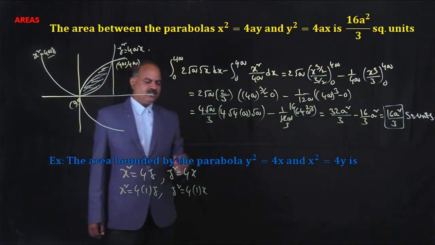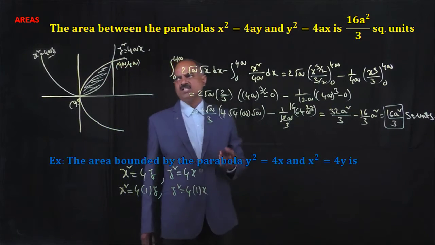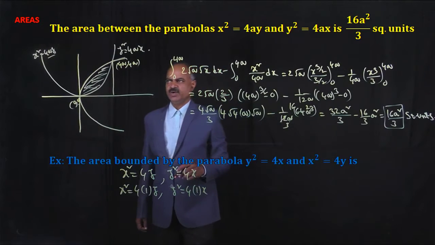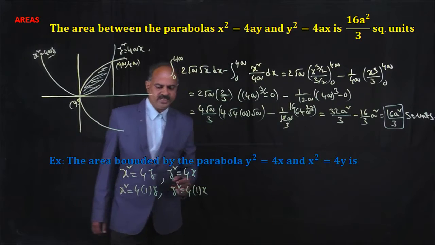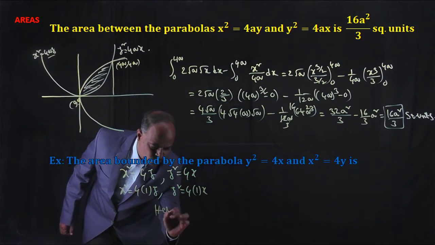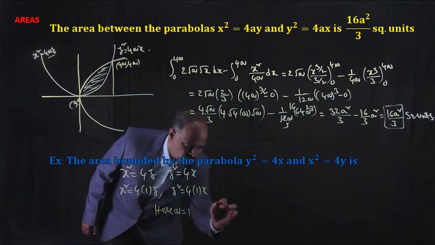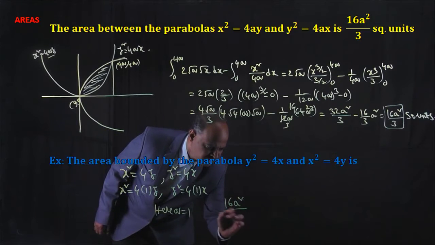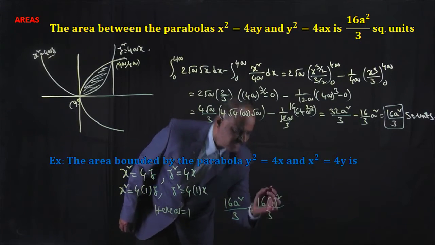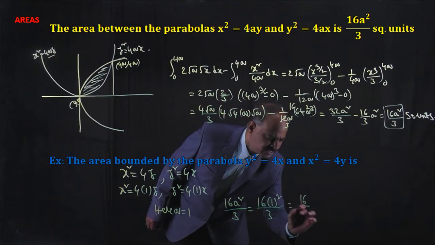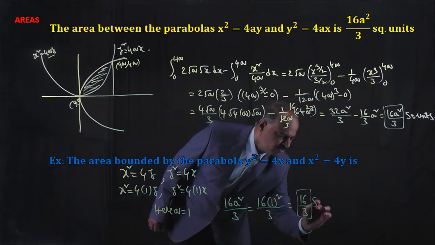Now the area between the parabolas y^2 = 4ax and x^2 = 4ay is 16a^2 by 3 square units. So here a equals 1. The formula is 16a^2 by 3 square units, that is 16 into 1 squared by 3, which equals 16 by 3 square units.